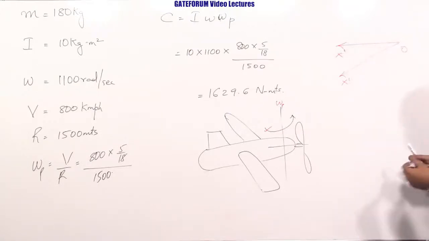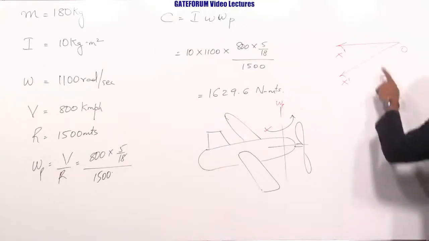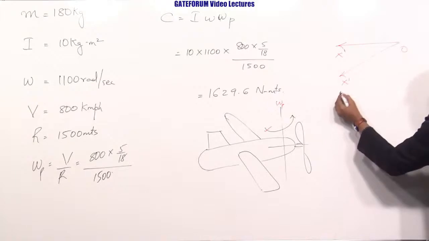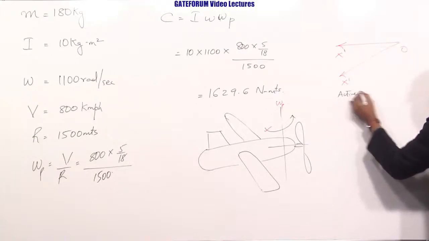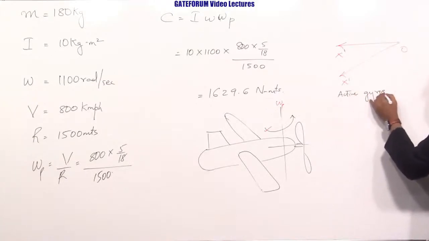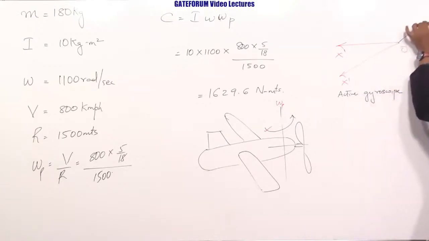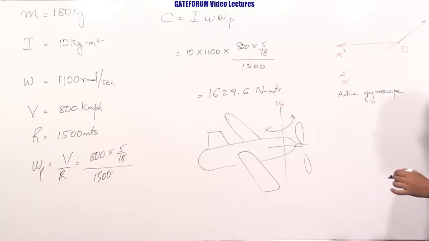Now this vector represents the active gyroscopic couple. Opposite to this vector will represent the reactive gyroscopic couple. Let us call this vector x double dash. Now apply the right hand screw rule.